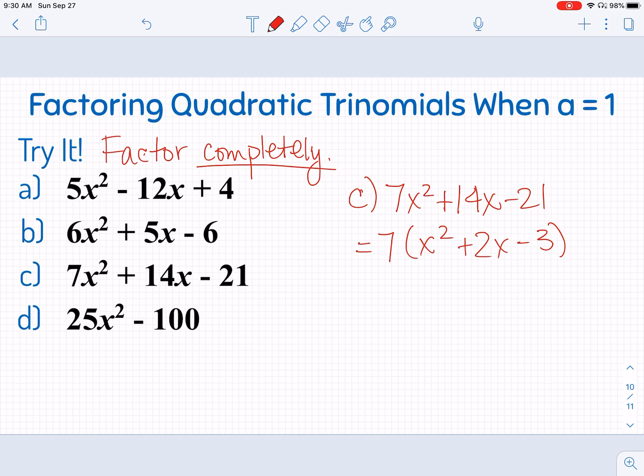And I'm going to ask myself, what are factors of negative 3 that add to equal 2? 3 and negative 1. And I'm done. I didn't have to box or group because once I pulled that GCF out, what I was left with just had an A term of 1.